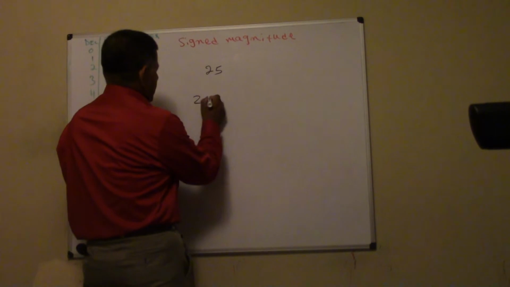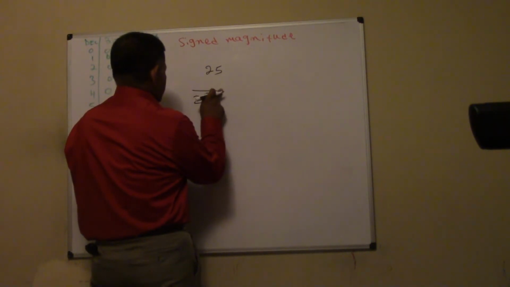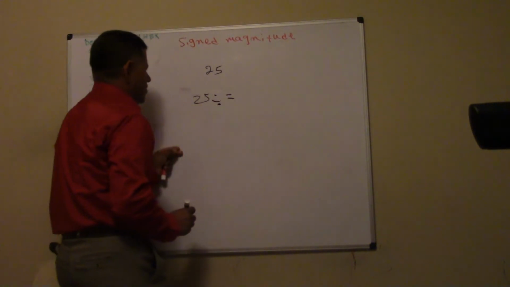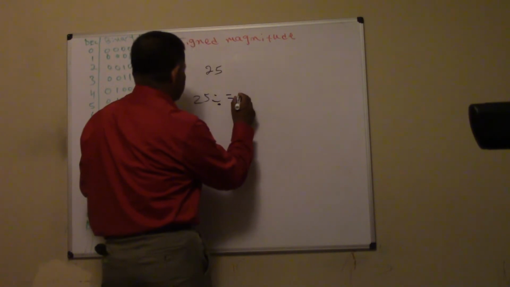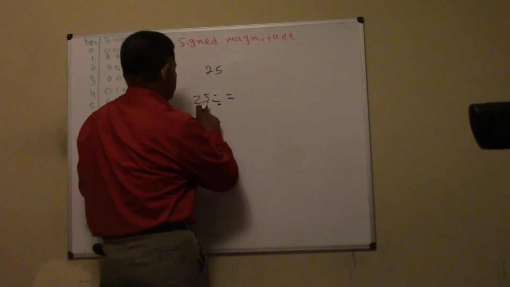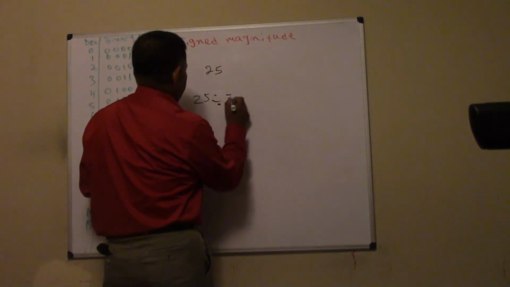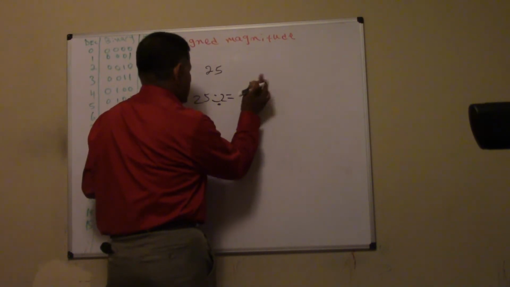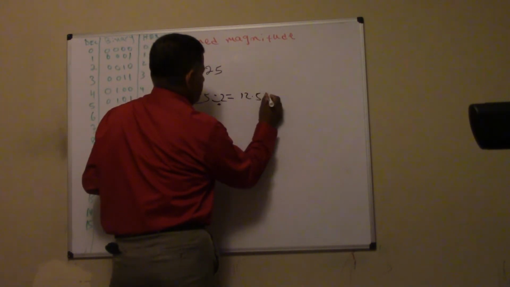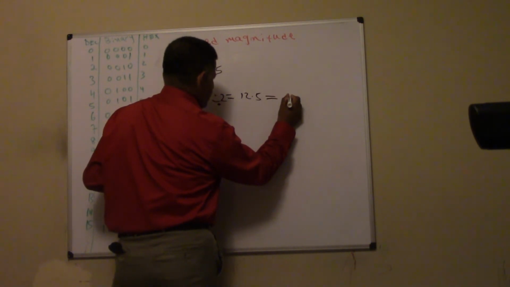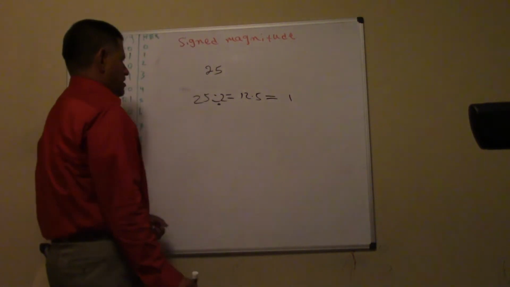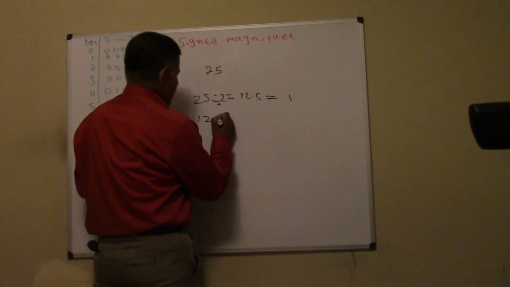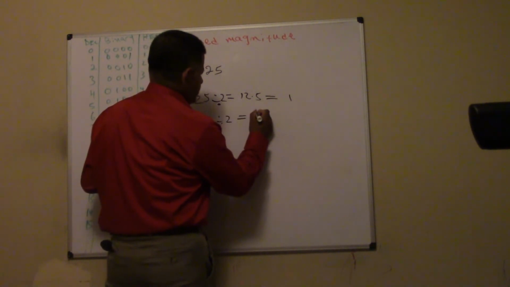You divide it by 2. 25 divided by 2 is equal to 12.5, so that gives me a 1. Then take 12 divided by 2, which is equal to 6.